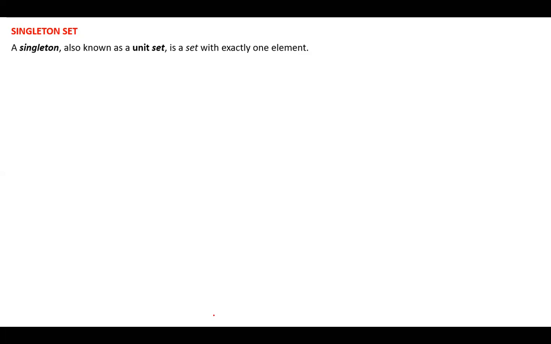Unit simply means one. An example of a singleton set is there, and sorry for putting that comma, I wasn't supposed to put it here. When writing a singleton set, you just write one element inside.